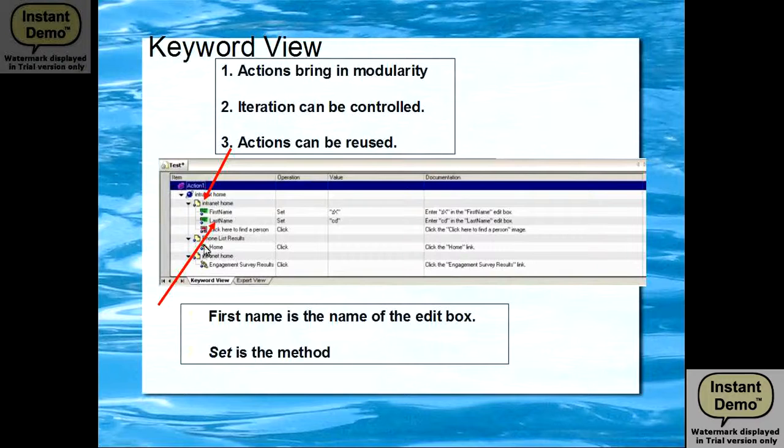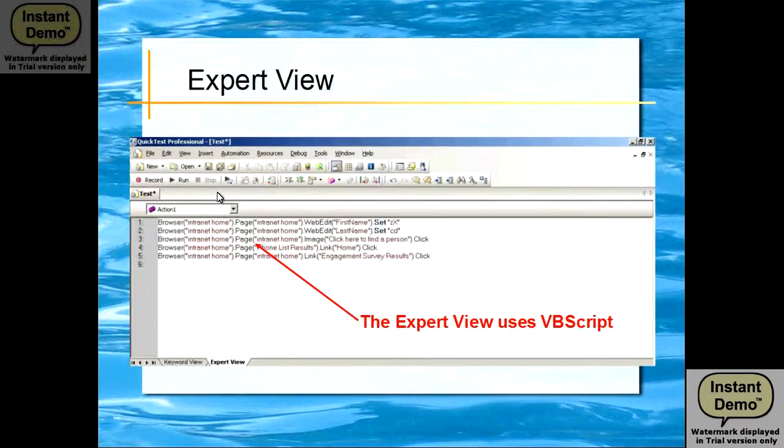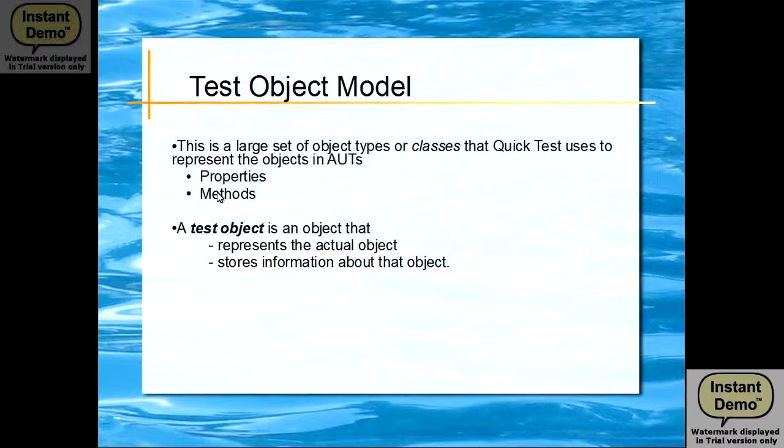QTP will capture the properties and the methods of these objects, mapping them to the type or class of an object in the programming language. QTP represents the same with the properties and methods of that object in the application under test.